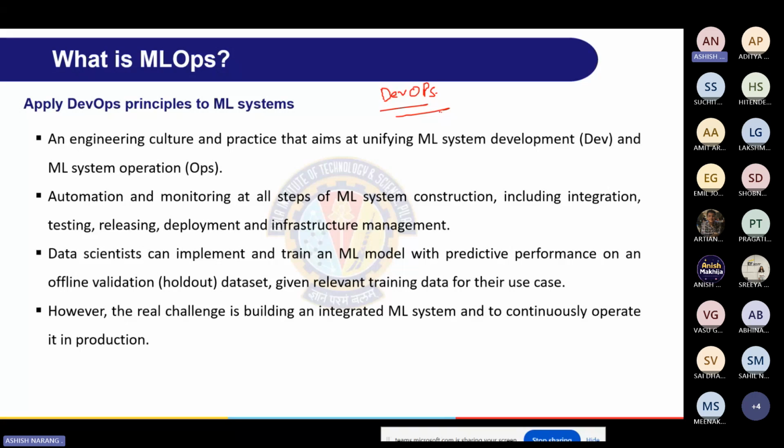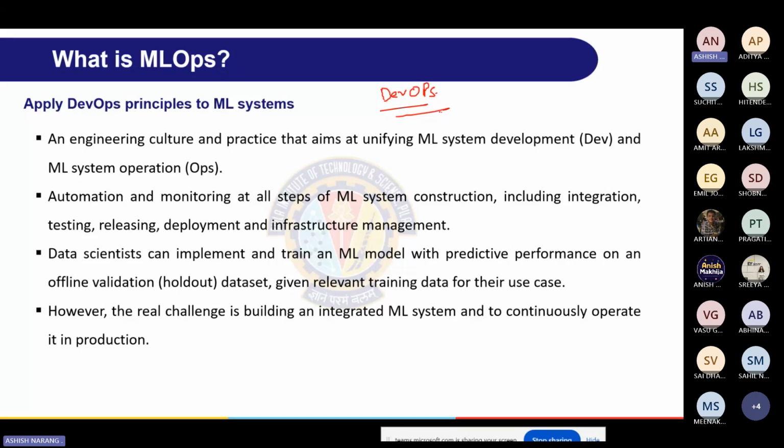It is along similar lines with software development, right? You do some feasibility analysis, requirement analysis, and then you say, okay, we will use this kind of tech stack. You design it, then you code it, and after coding, the testing team takes over. Once the testing is okay, then you pass it on to the operations team for deployment and then monitoring, right? Here it is more model training, testing, and so on.